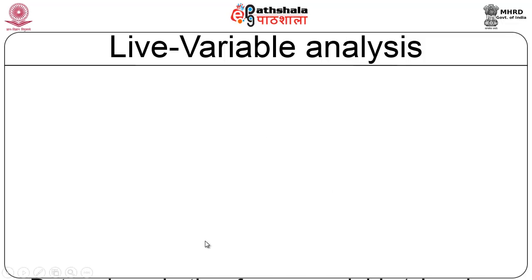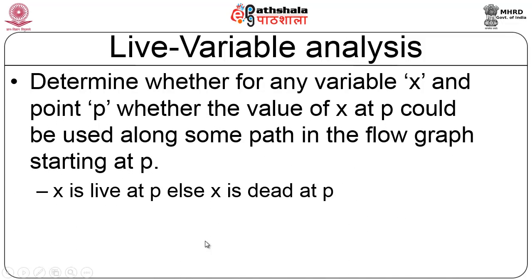The next one is live variable analysis, where we have to find out whether for any variable x and point P, the value of x at point P could be used along some path in the flow graph starting at P. If so, x is live at P, else x is assumed to be dead at that particular point P. Now the variable should be live.